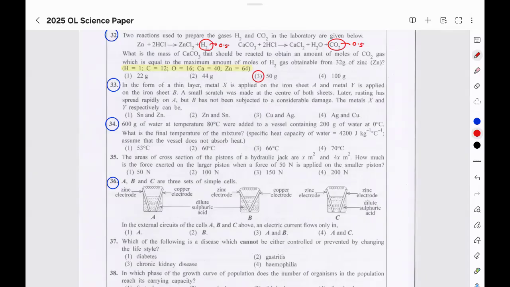Now, remember, students, in our lessons in electrochemistry, we are learning a part like rusting, corrosion of metals, especially we are discussing about iron. When rusting, the iron metal is converted to Fe2+ cation.